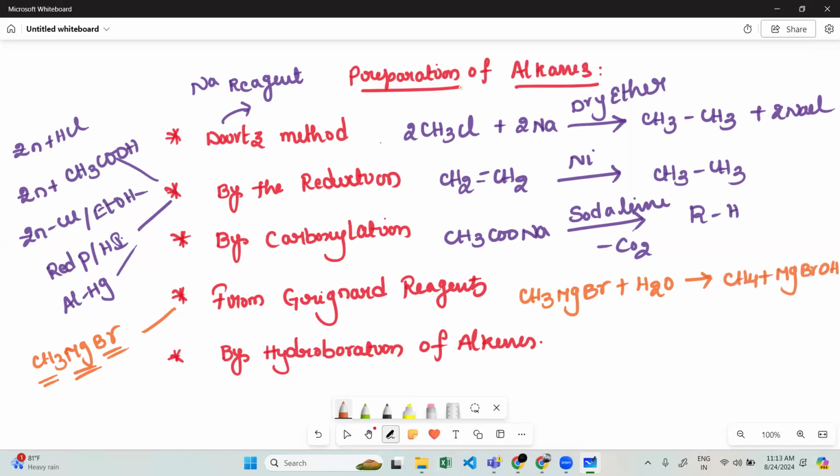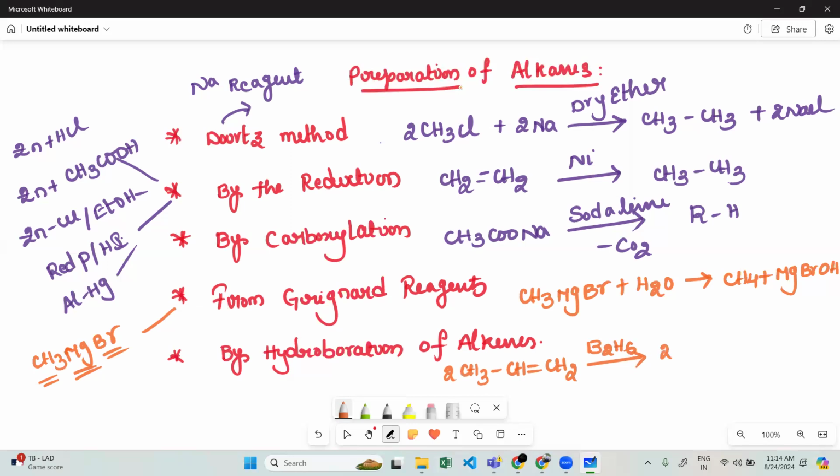Coming to the hydroboration of alkenes, this is something different and a little tricky, but I will explain in the simplest way. First take a simple alkene like CH3CH=CH2 and do the hydroboration by reacting with B2H6.